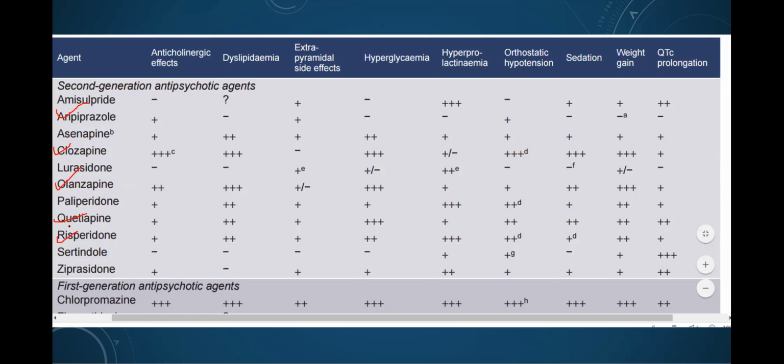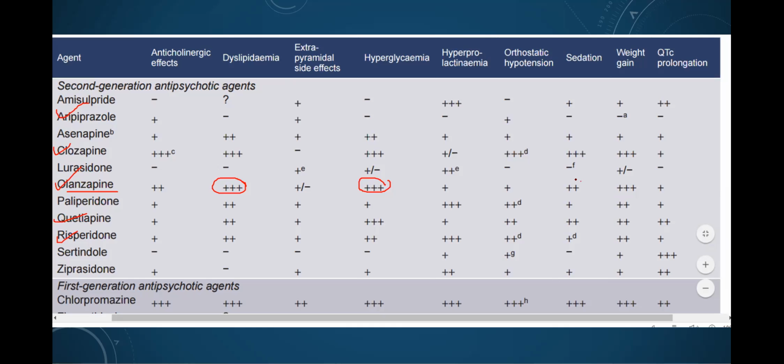First, look at olanzapine and quetiapine. Olanzapine causes dyslipidemia. Olanzapine and quetiapine are the same. Both of them cause increased weight gain, all the metabolic syndrome kind of features: dyslipidemia, hyperglycemia.